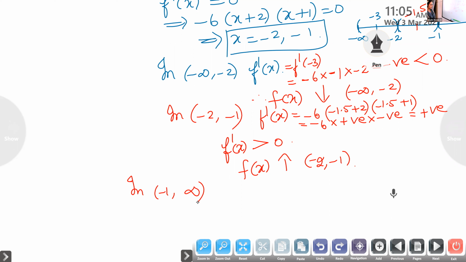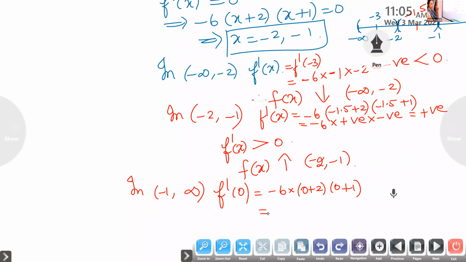So what will be f dash of 0? Find out, is it positive or negative? Minus 6 into 0 plus 2 into 0 plus 1. Is it positive or negative? Negative. It is negative.